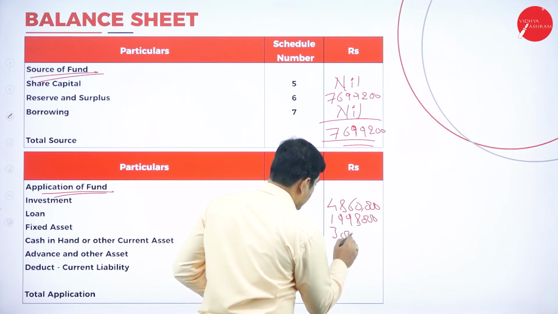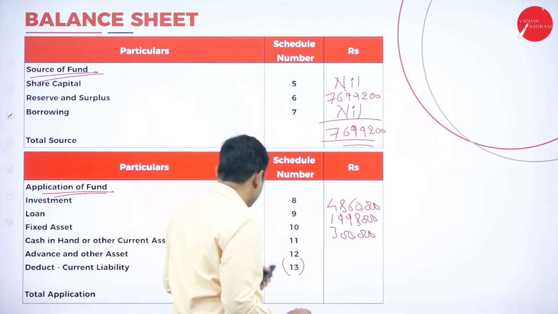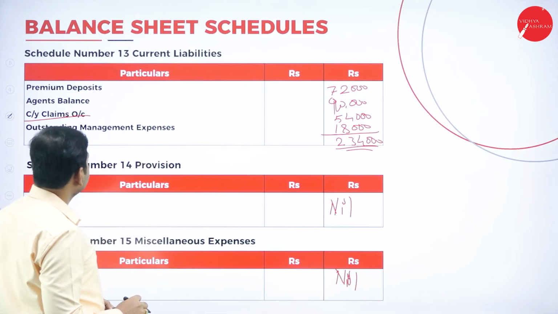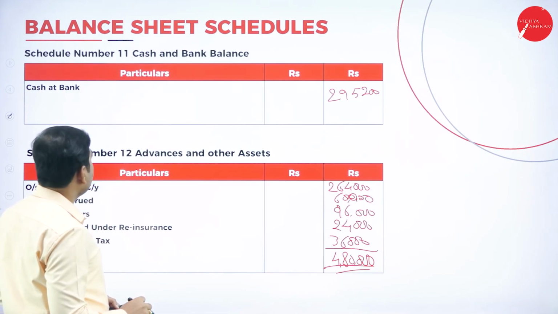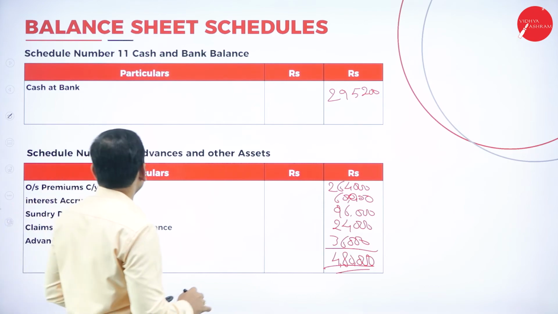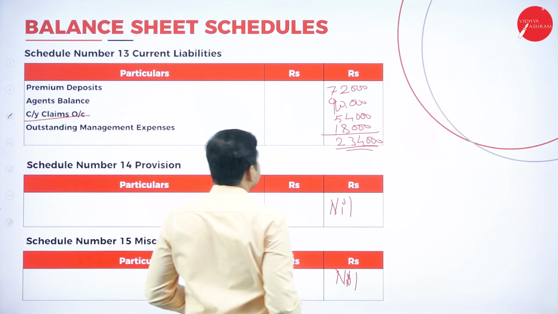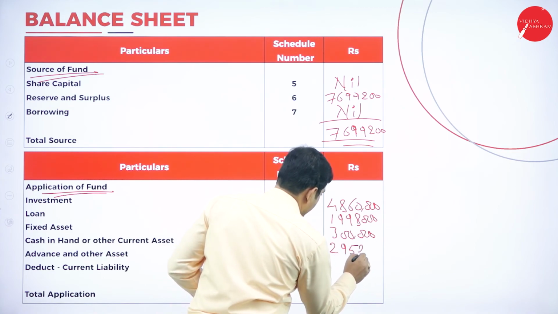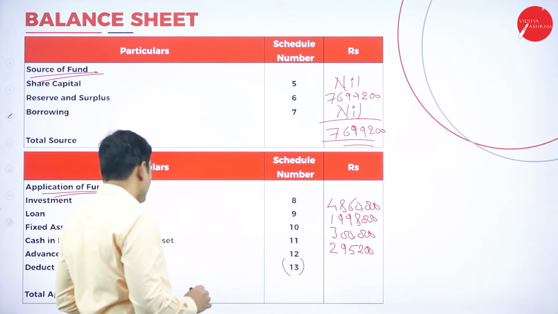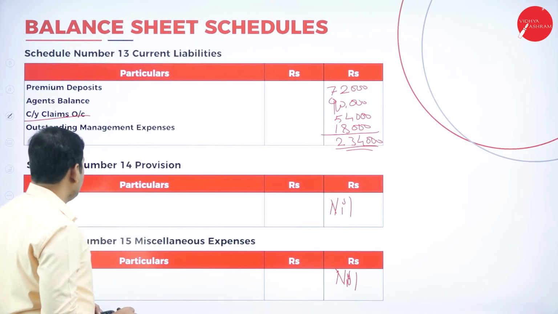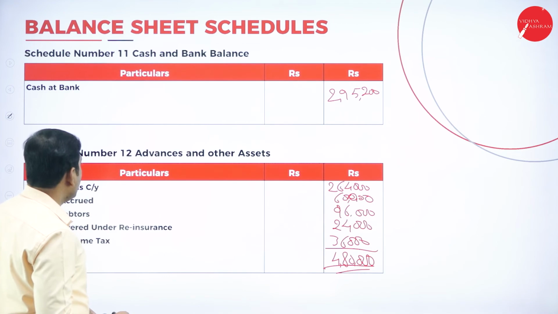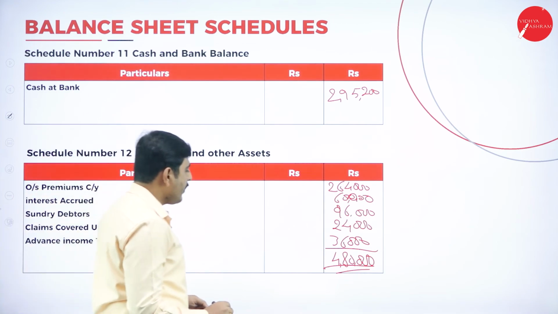Next item is schedule number 11 cash in hand and other assets. Schedule number 11 cash in hand is 2 lakh 95,200. Next item, schedule number 12 other assets. So advance and other assets is 4 lakh 80,000.